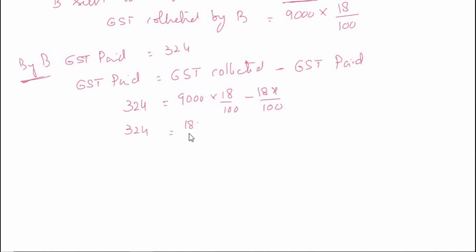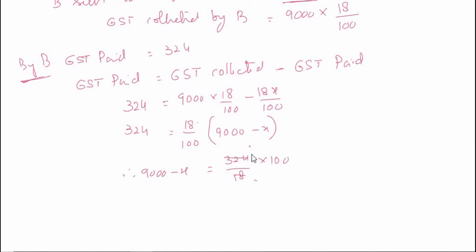Let me take 18 by 100 outside. What is remaining here is 9,000 minus X. Therefore 9,000 minus X is equal to 324 divided by 18 into 100.